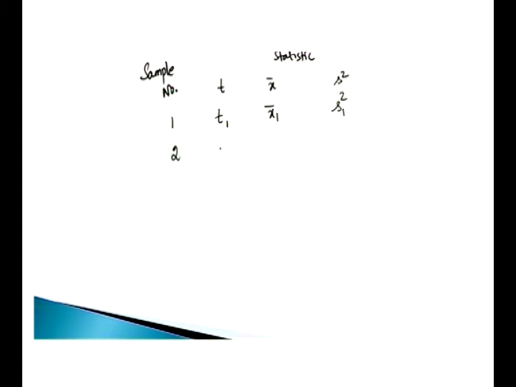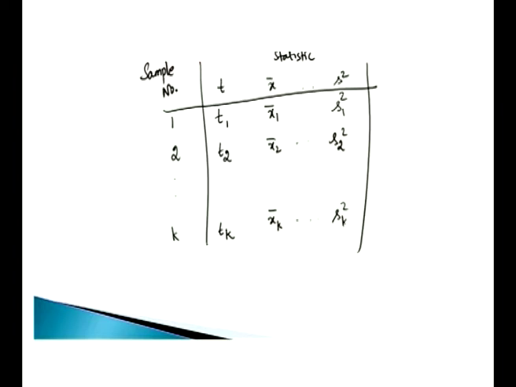Similarly, for sample number 2, you have T2, x2 bar, and then s2 square. Likewise, there are going to be k samples, right? So, the statistic will be Tk, then xk bar, sk square. Now, this is the table of a sampling distribution.